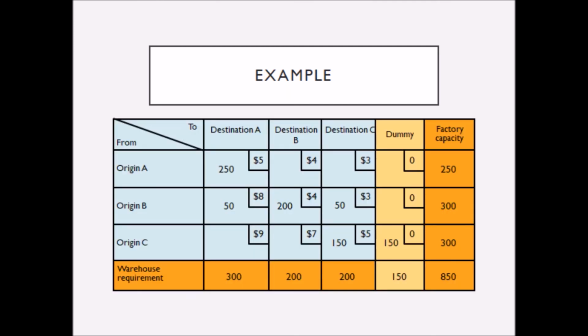Just like in this example, since demand is lacking, we have to add a dummy destination column just to ensure that supply is equal to demand.